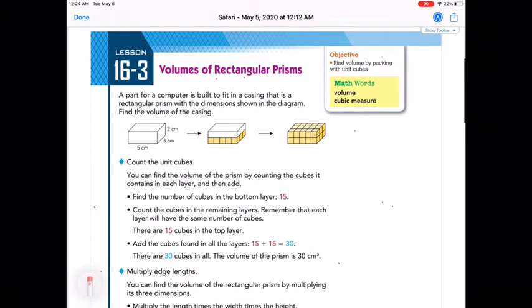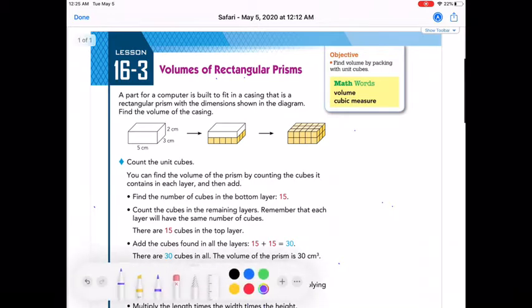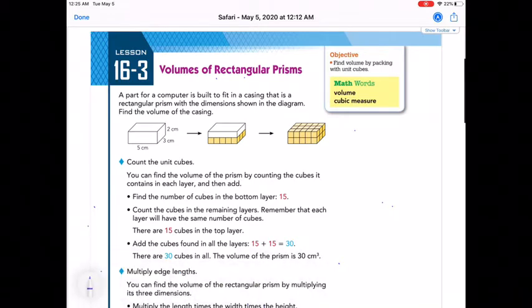Let's get started looking at this first example of finding volume. Volume being three-dimensional: length, width, and height. There are 2 different ways we are going to learn to find the volume of a rectangular prism. So let's look at our example. A part for a computer is built to fit in a casing that is a rectangular prism with the dimensions shown in the diagram.